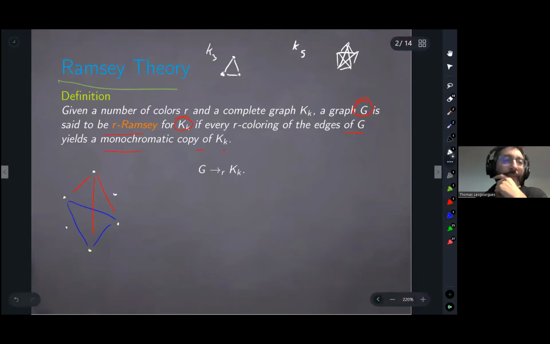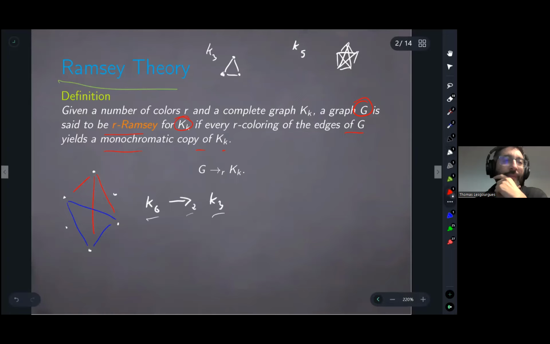It just means that K_6 is Ramsey, and that's the notation we use, in 2 colors for K_3. So whichever way I color the edges of K_6 with 2 colors, I end up with K_3. That's the first basic definition.